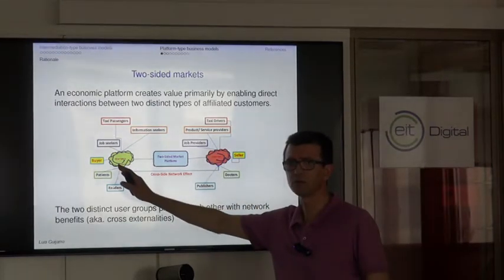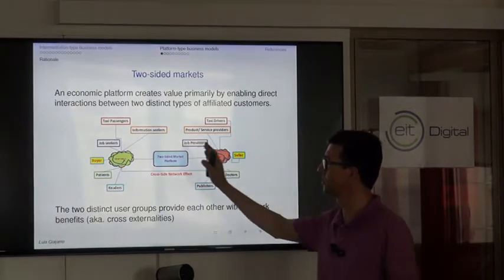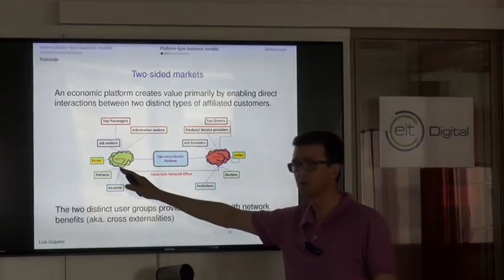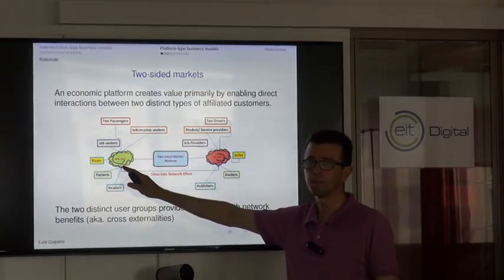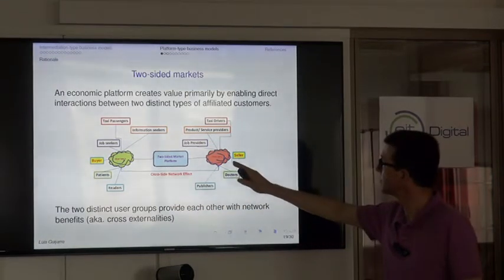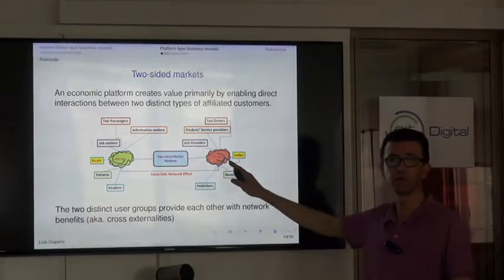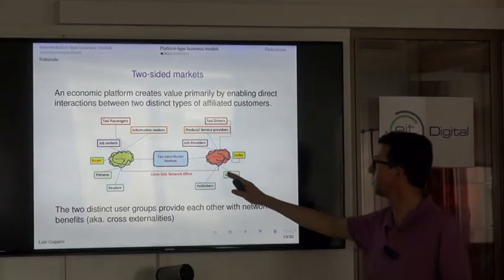And there is indeed a cross externality between credit card holders and merchants, because the more customers get a credit card, the more useful this platform will be for the merchant, and the other way around.